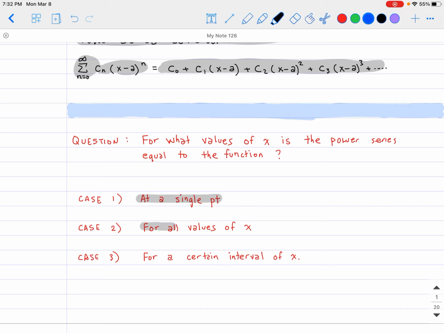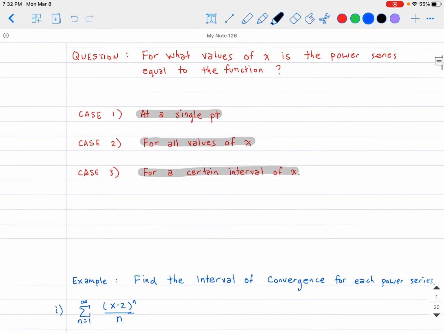Case number 2, it works for all values of x. That would be the ideal case, because then I can plug in whatever I want for x in each equation and it'll still be the same thing. And the last one is only for a certain interval of x. That is the case of, say, the very first one with 1 over 1 minus x. So we need to figure out which one is going to happen depending on what equation we have. All right, so let's go ahead and jump into it.